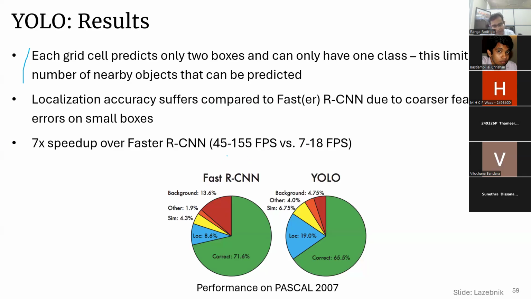Location accuracy suffers compared to Faster RCNN due to feature errors in small boxes. So location accuracy is also a problem.